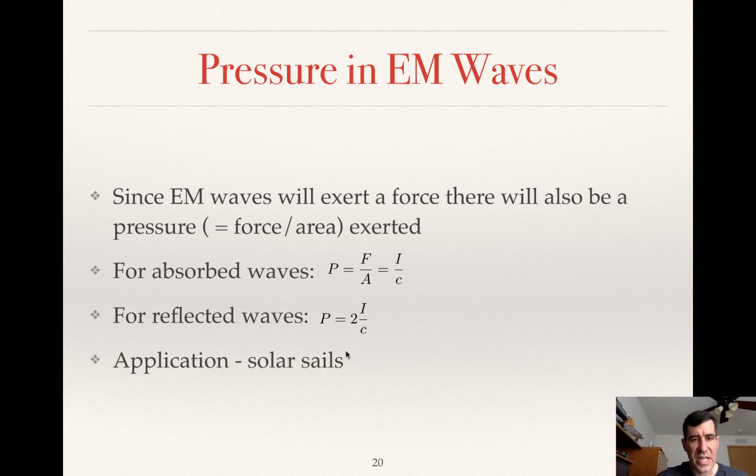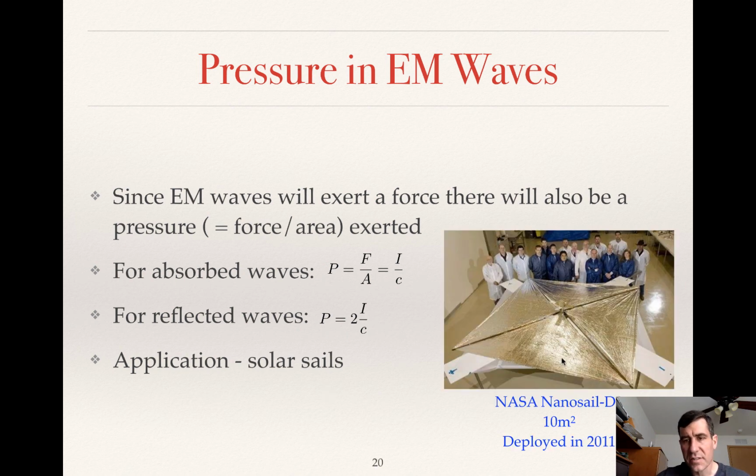And there's actually a nifty application to this, something called solar sails. So if you're building, say, some sort of a space probe that you want to send off to the farthest reaches of the solar system, in general, propulsion is hard because you have to carry your fuel with you. So people are actually working on these solar sails. It's basically a big reflective surface.